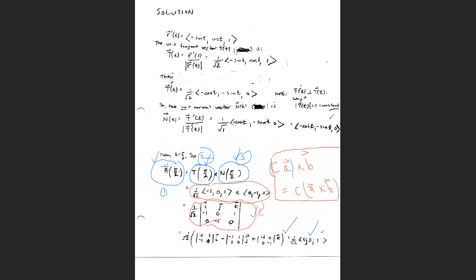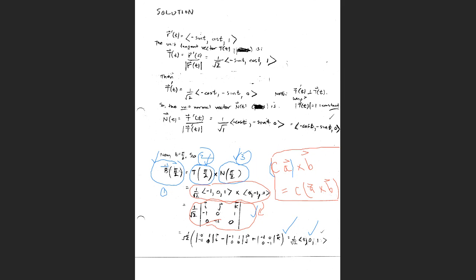We have a point on our plane, the point on the space curve, which is 1, 0, 1 pi over 2. The osculating plane contains that point. All we need is a perpendicular vector. Which? The binormal. Very good, Diodath, the binormal.